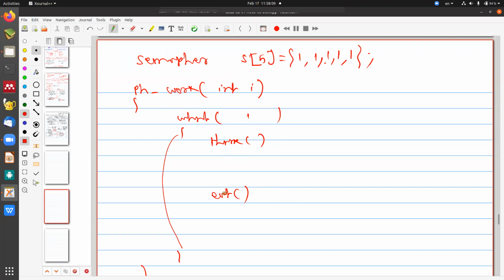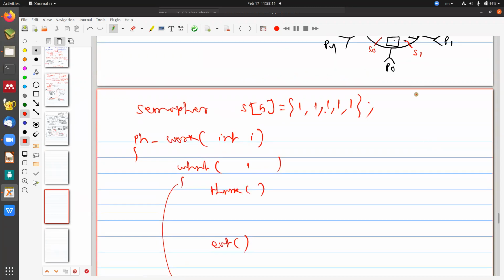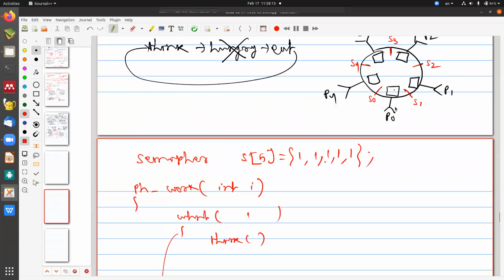Since they require a spoon, if you look at this particular figure, for P0, if i becomes 0, he needs the 0th spoon and the 1st spoon. Yes or no? If i is 1, he needs the 1st spoon and the 2nd spoon. If it is 2, then the 2nd spoon and the 3rd spoon. If it is 3, then the 3rd spoon and the 4th spoon.